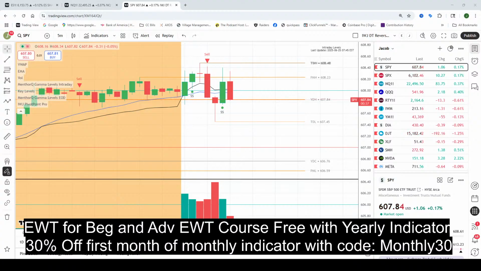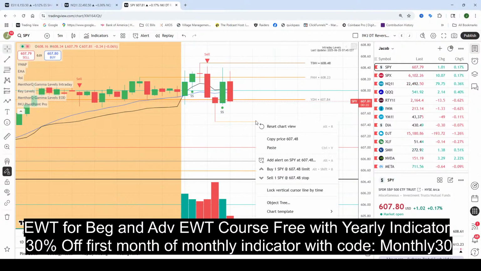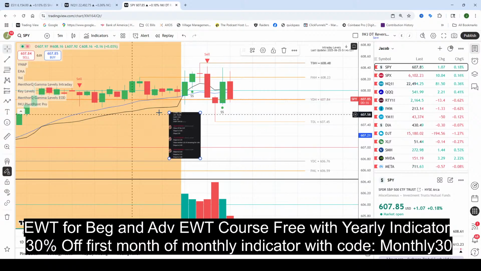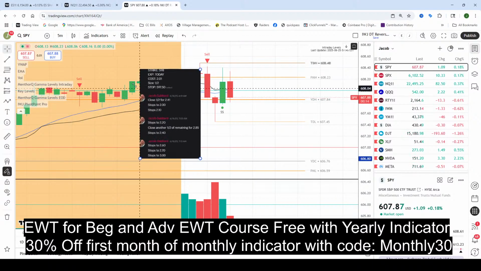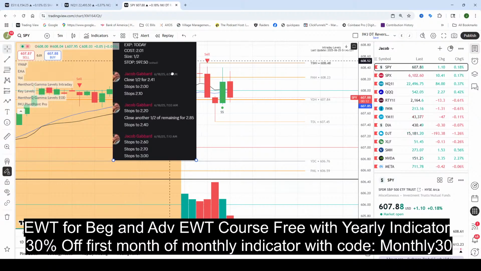So I'll give you guys a quick example here. This is what is in my room when we're using the indicator.